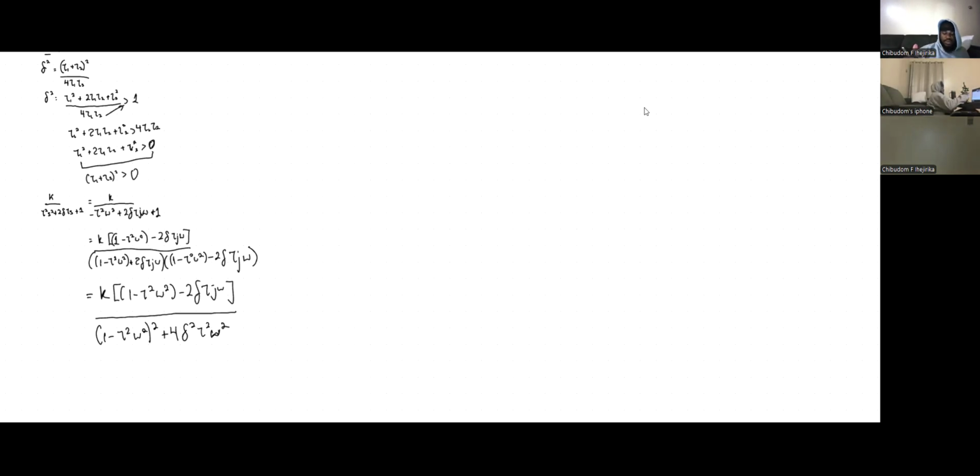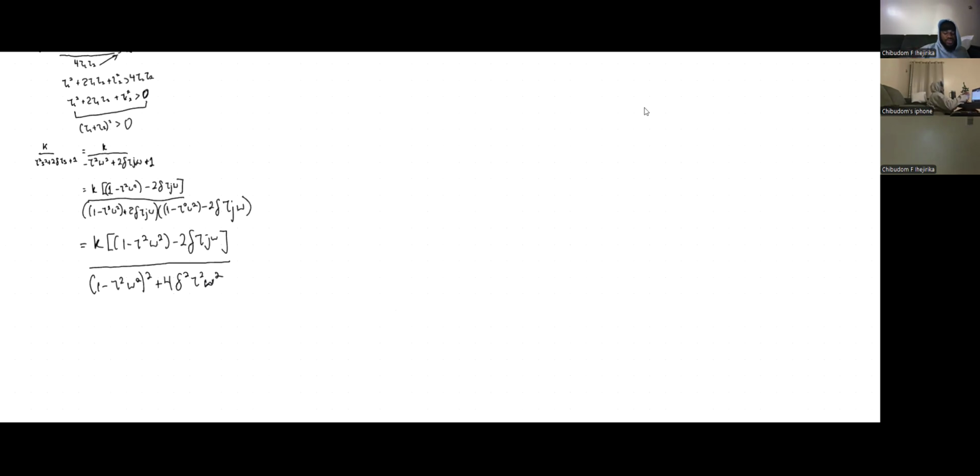So now we basically have what our transfer function is going to be. Now this will lead us to finding what our amplitude ratio will be.